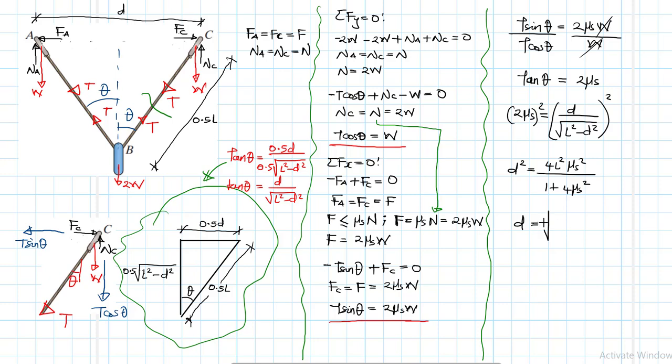So d is going to be equal to finally just 2 L mu s divided by root of 1 plus 4 mu s squared. Right, so that is the value of the d, which is the largest value that we are going to obtain. Okay, that is the largest value of d, that is from point A to point C.